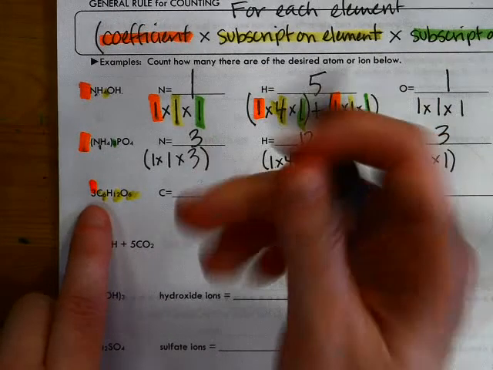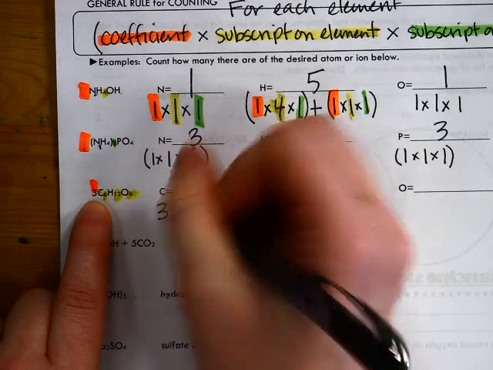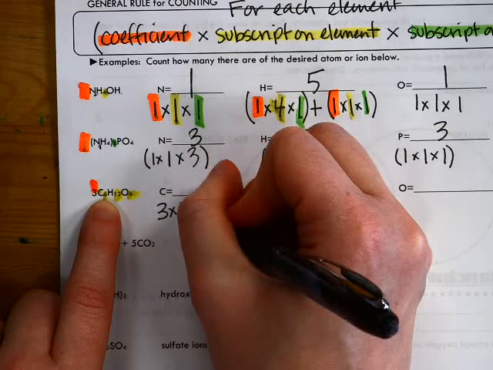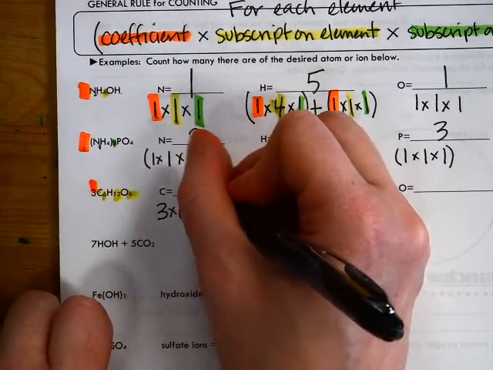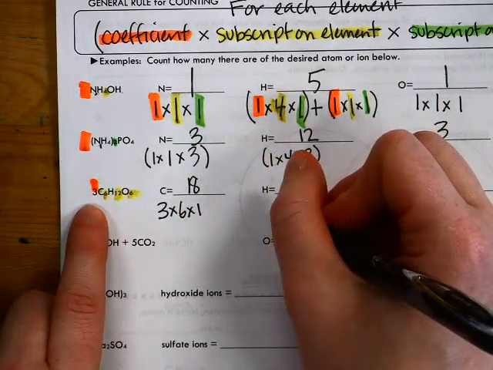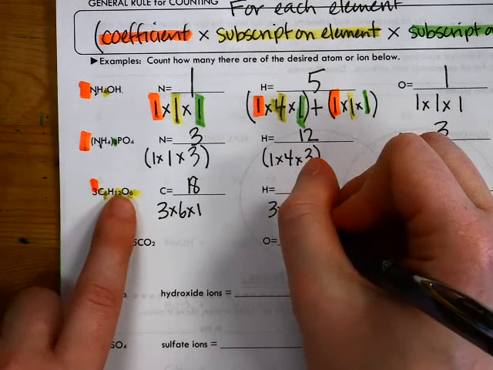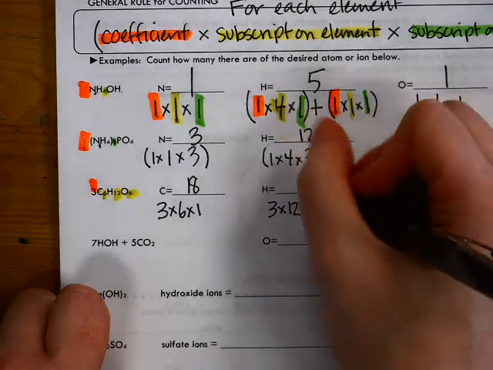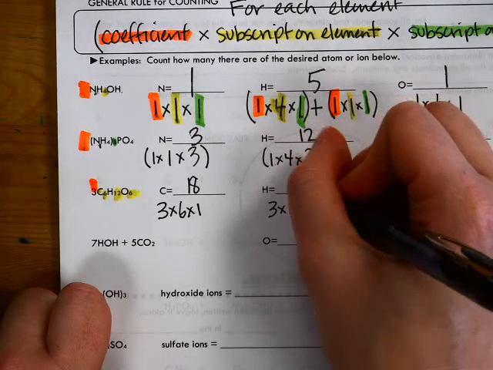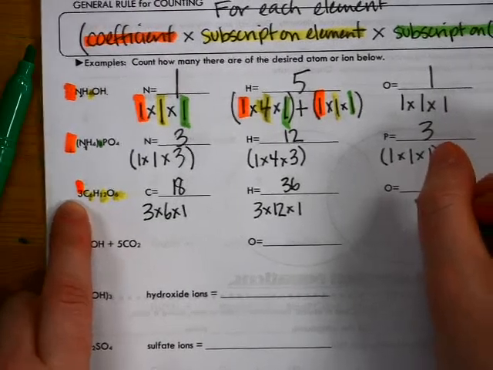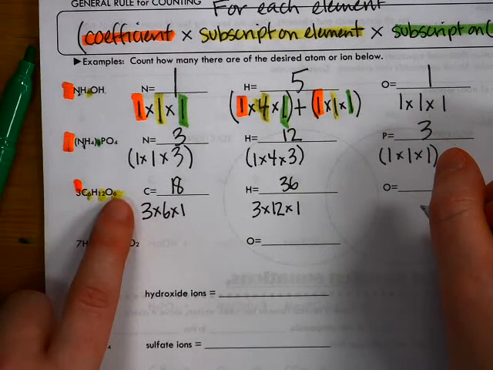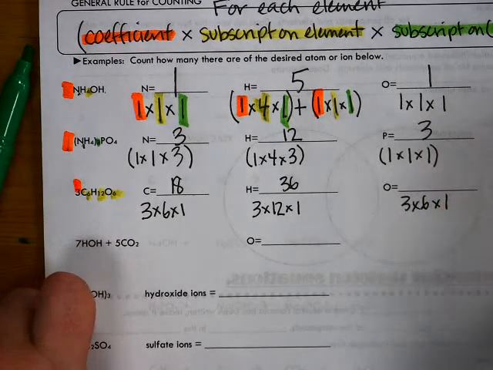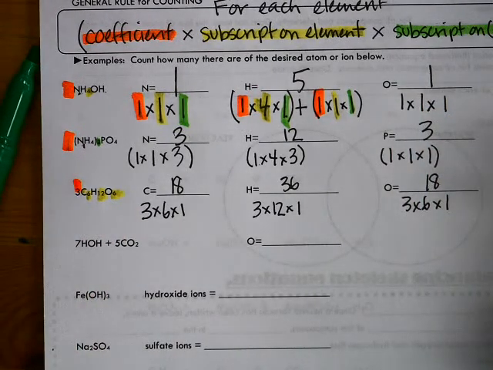Okay, so if I look at carbon, I'm going to see 3 times 6 times 1. 3 times 6 is 18. Hydrogen, 3 times 12 times 1, because there's no parentheses, is going to be 36. Oxygen, 3 times 6 times no parentheses, which is 1, 18.